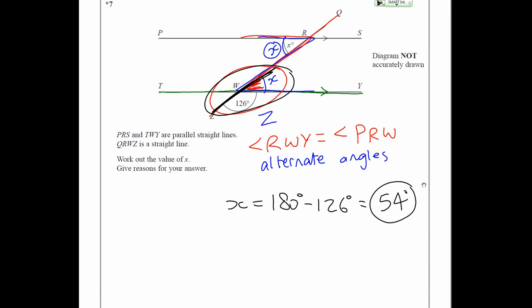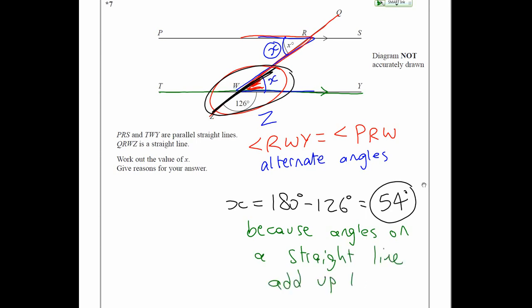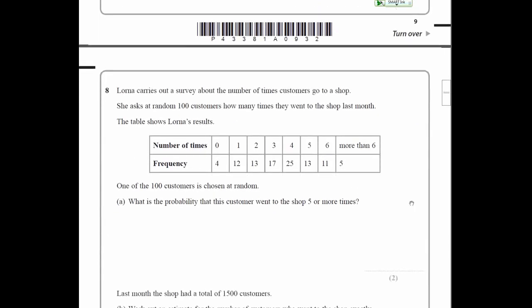Okay, because angles on a straight line add to 180 degrees. Okay, so we've given our two reasons and we've got our answer of 54 degrees. Moving on, that's 3 marks again.